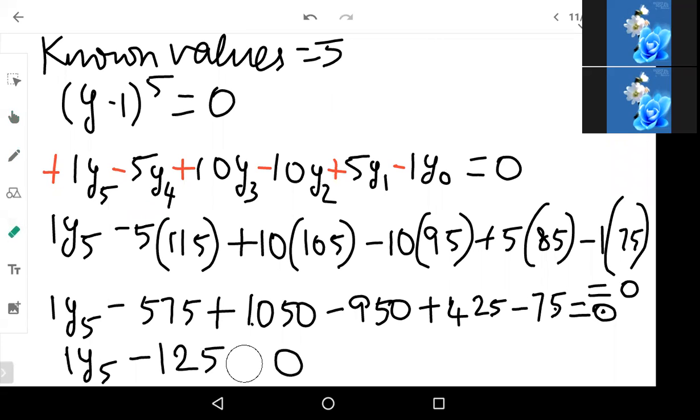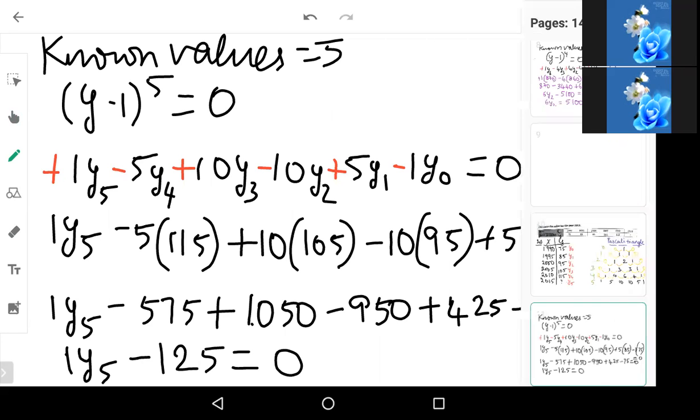So finally, what is that we have? 1y5 minus 125 is equal to 0. Now I can take this minus 125 to the other side, where it will become 1y5 is equal to plus 125.